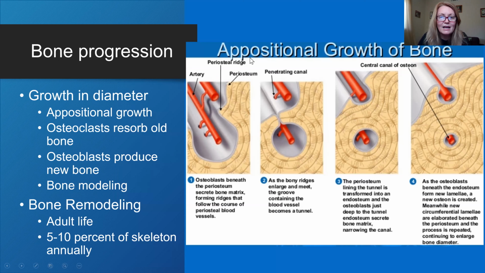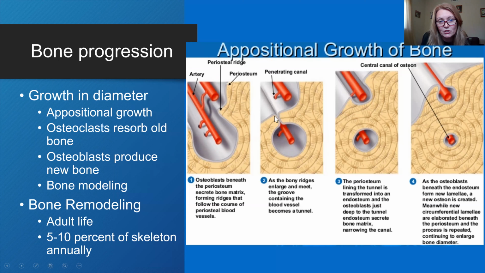We also can have appositional growth. In appositional growth, the bones are growing wider, and it's also for remodeling. Here what happens is osteoblasts start secreting more matrix, and it forms the bony ridges along the blood vessels.